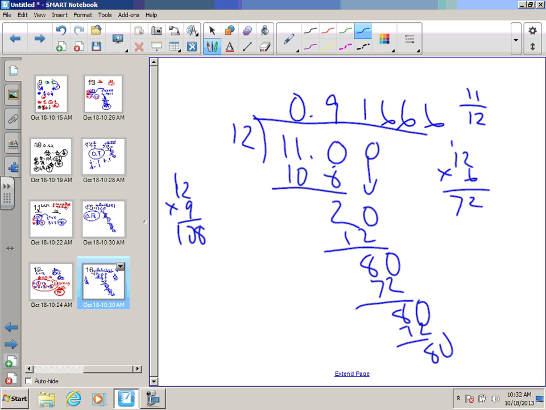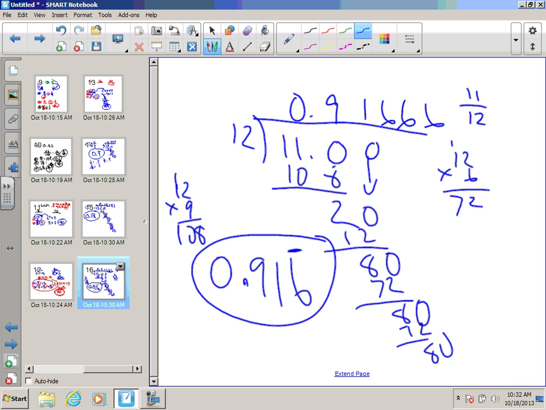Okay, so 0.916 with a bar just over the 6. You really want me to have that? You really want to give that to me? 36.